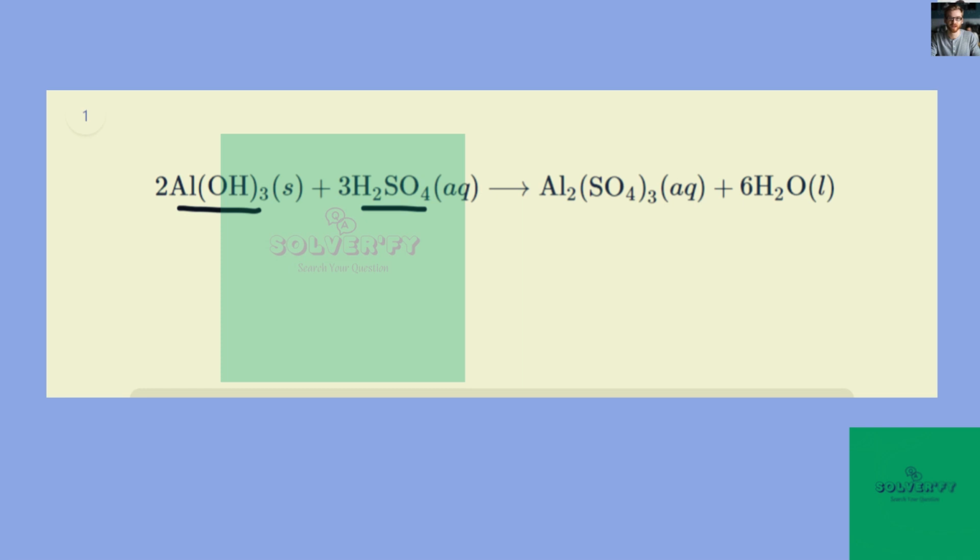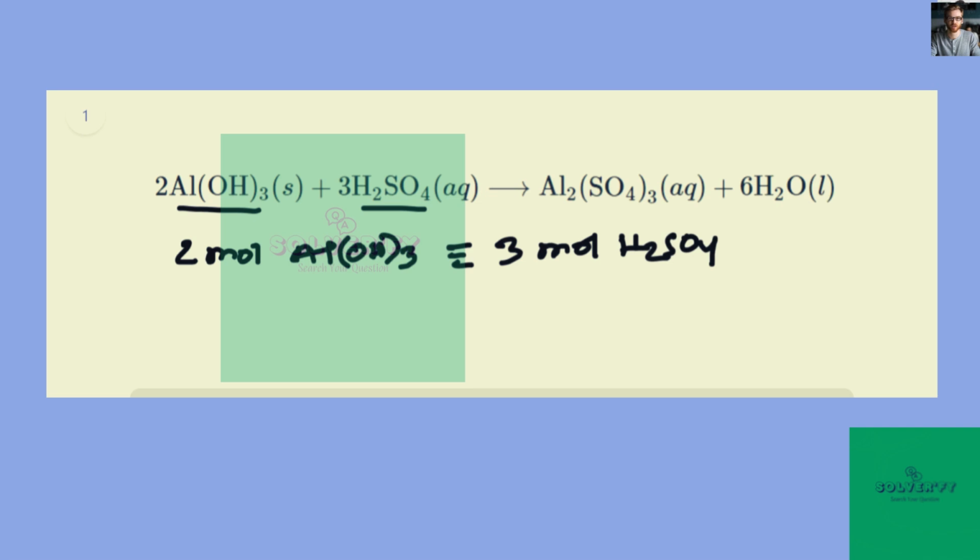So here we can see from the balanced equation that 2 mole of aluminum hydroxide will react with 3 mole of H2SO4.